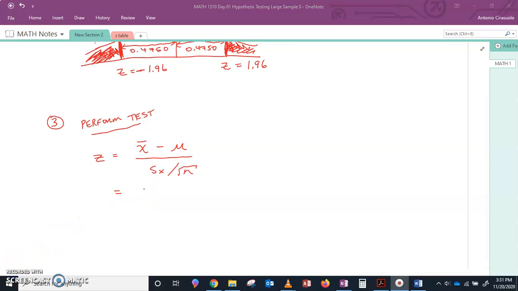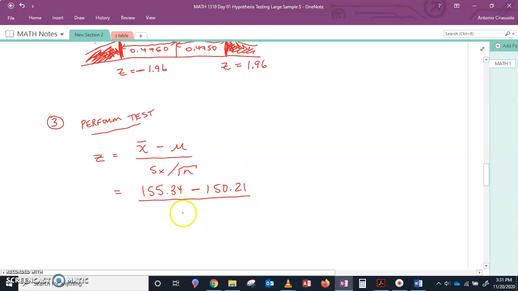Our sample of the 60 hotels gave us a sample mean of $155.34. And the claim was that the average was $150.21. The standard deviation from our sample was $15.45. And the size of the sample was 60, so we're going to take that and divide by the square root of 60.